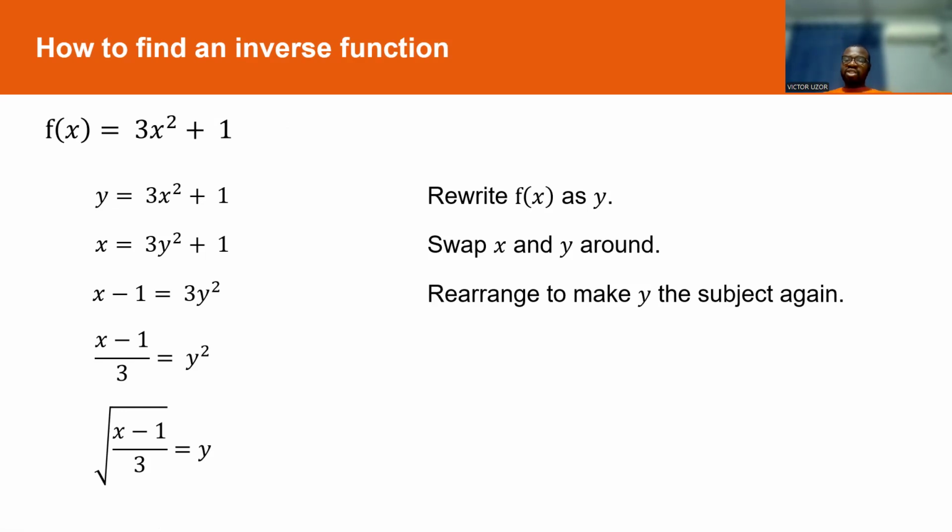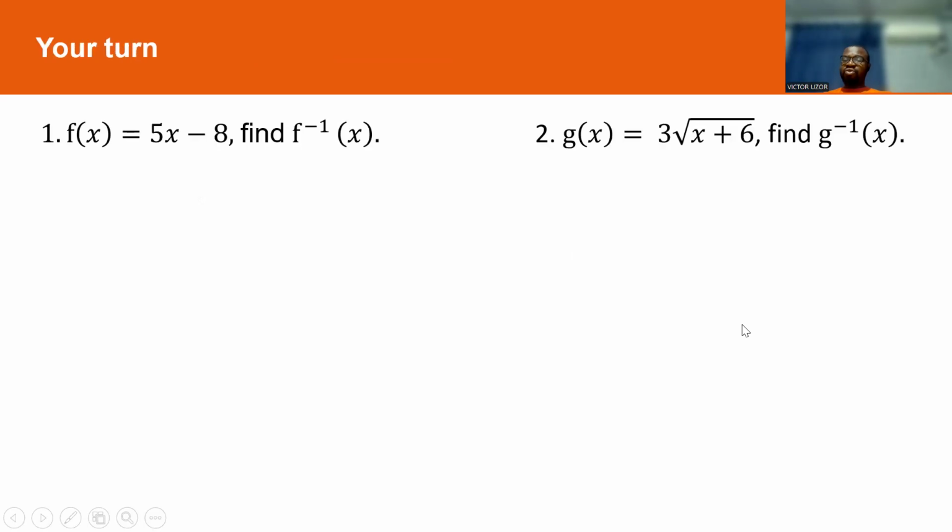You also need to understand that it is one-to-one mapping that you can make the inverse of a function. Whenever you do these three steps: write f of x as y, swap x and y around, rearrange to make y the subject of formula. You see why the subject of formula is good.